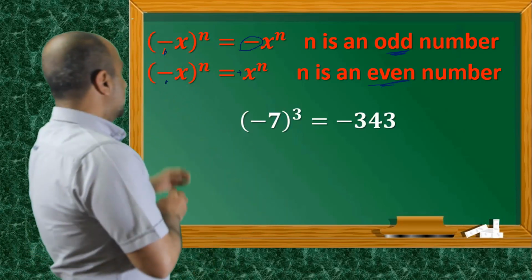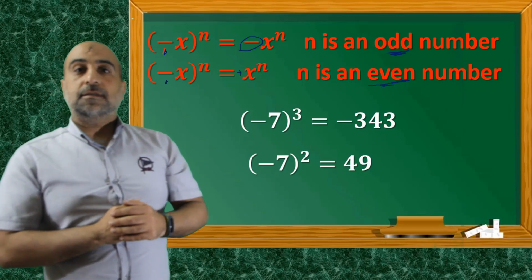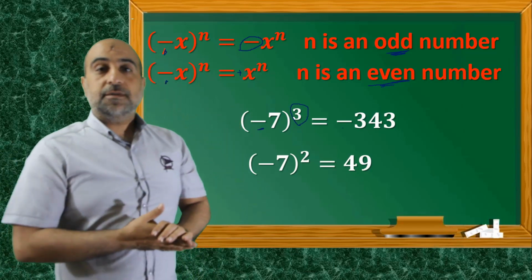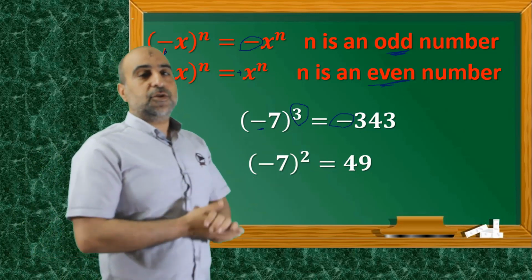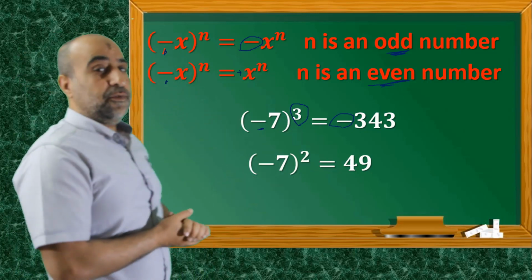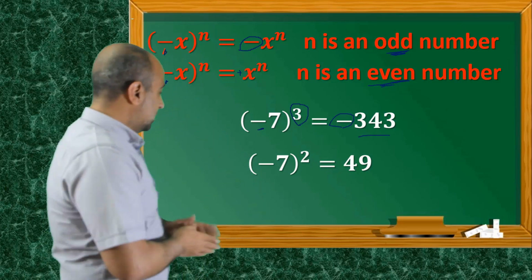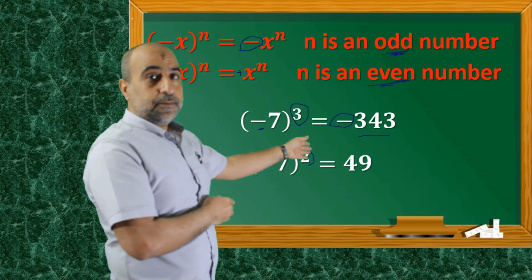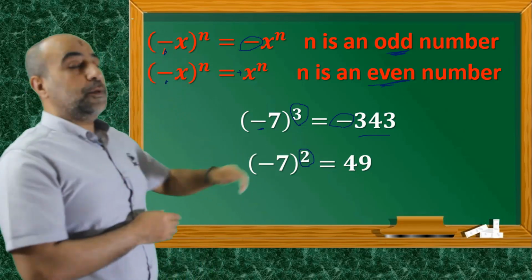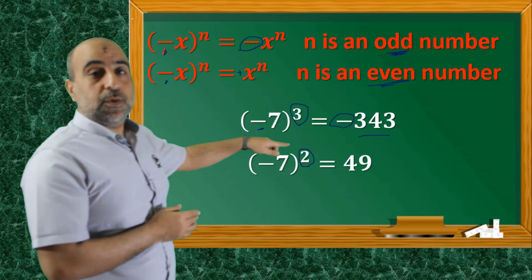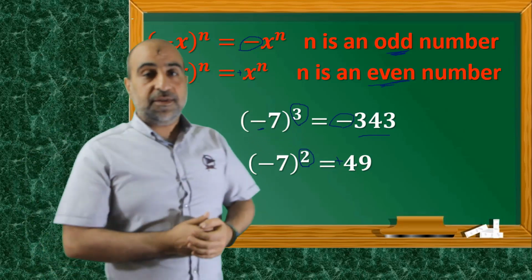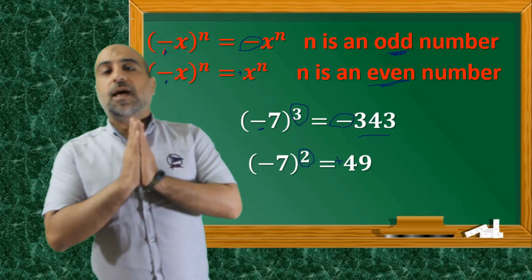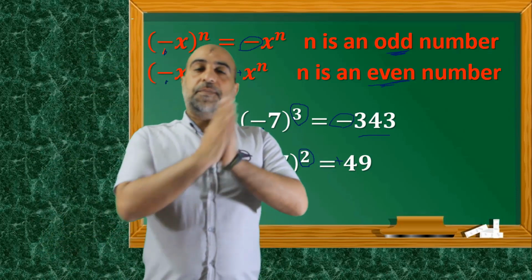For example, negative 7 to the power of 3: the result will be negative because 3 is an odd number. 7 to the power of 3 is equal to 343. And vice versa, negative 7 all to the power of 2: the result will be positive because 2 is an even number, so the result will be just 49. That's what we learned in the previous video.